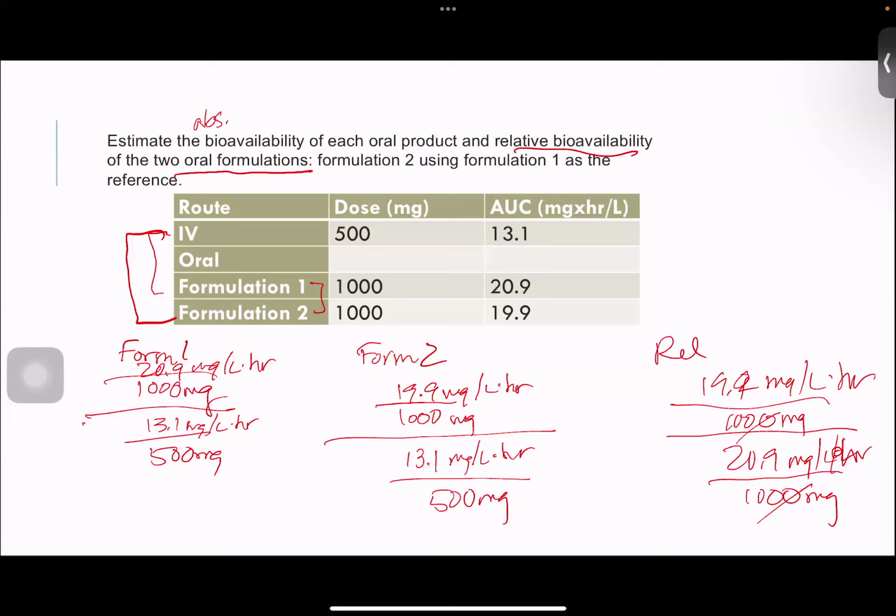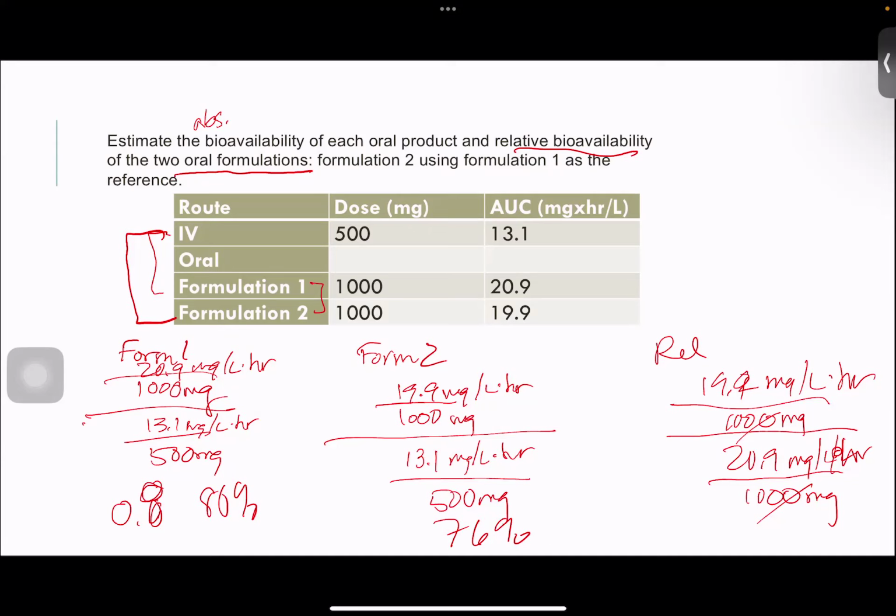What's its absolute bioavailability? 80. Again, it's 0.8 or 80%. Very good. How about formulation 2? 76%. Does anybody have trouble finding that?